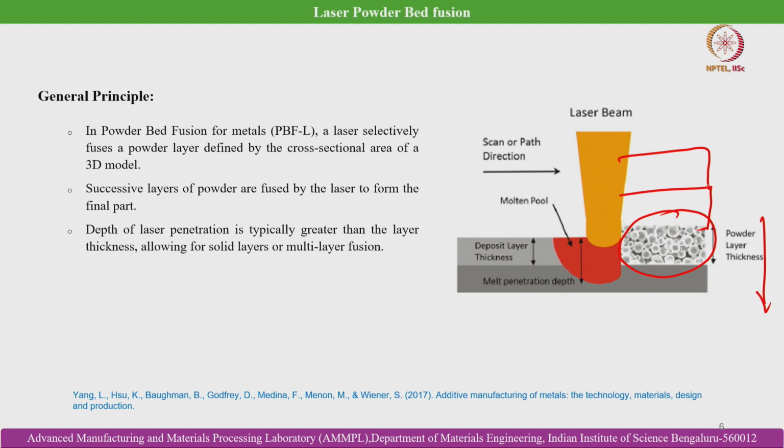Once a powder layer is deposited, again the laser beam fuses that layer, and thereby from the powder state the solidified part is obtained by the laser powder bed fusion technique.